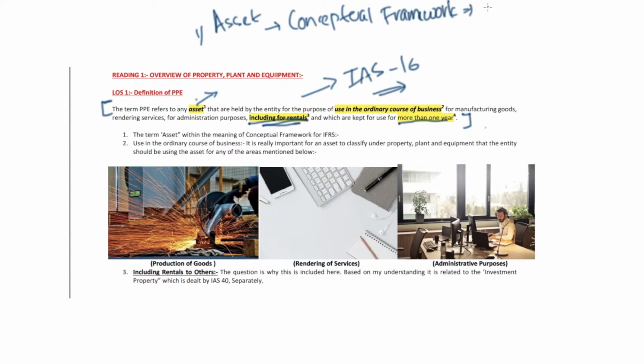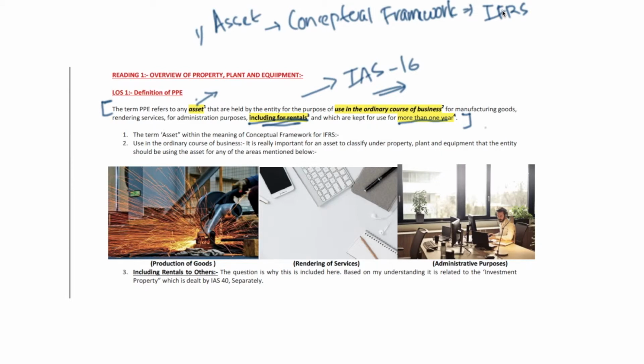From here, I have picked up the definition of asset. An asset is basically a resource which is controlled by the entity and from which the entity is going to get some economic benefit. So the first thing is, any resource to qualify as a PP&E has to be an asset. It should meet the definition of asset.